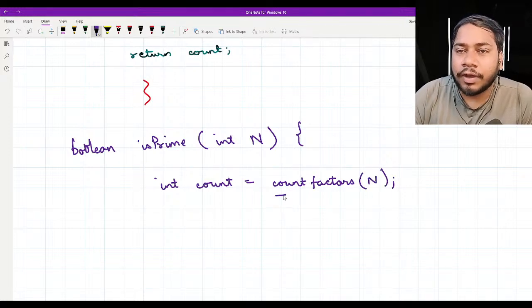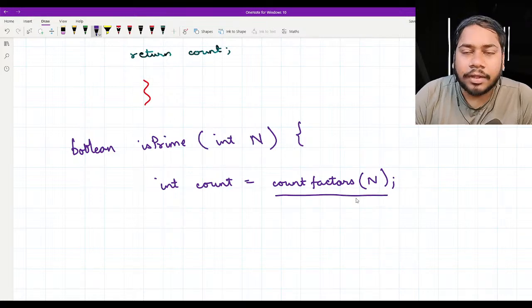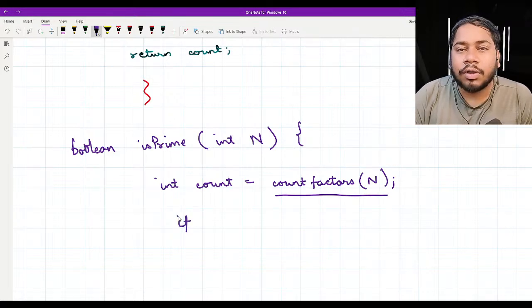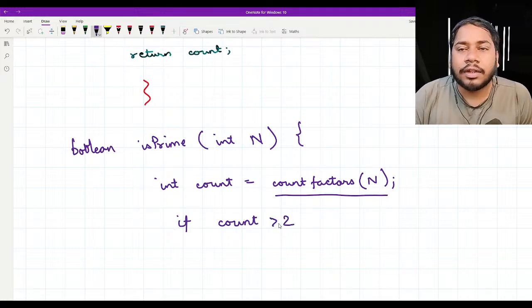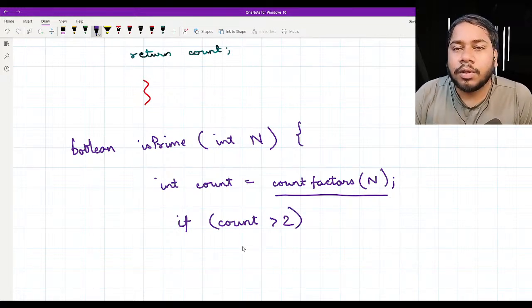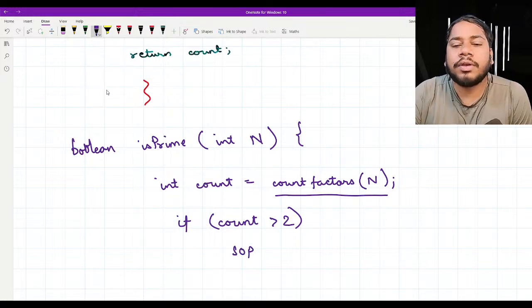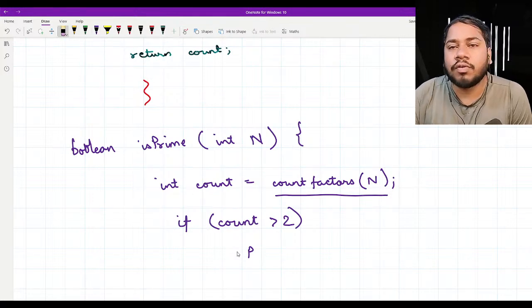So this function will give the count, right? If we are getting the count, we will check if count is greater than 2. We have to return true or false, right?